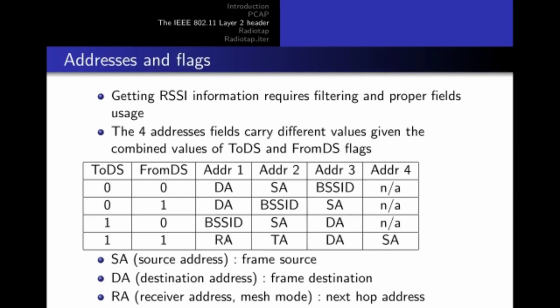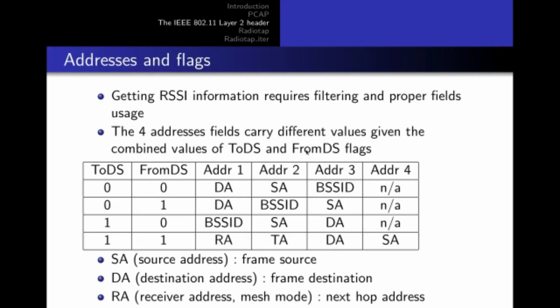So when we want to get the RSSI information and all that's relevant for the positioning system, we need to filter the proper fields and packets. So first, the 4 address fields carry different values given the combined values of the To DS and From DS flags.